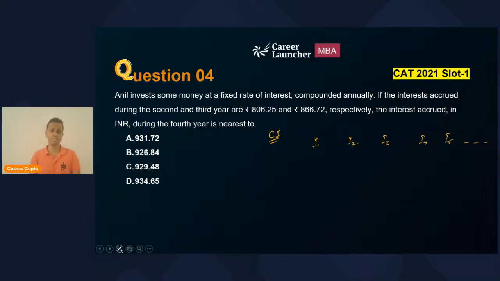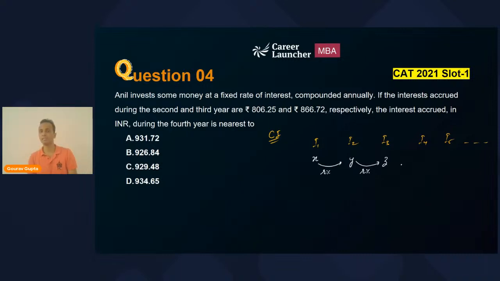Now, if you understand the concept, let's say the interest in first year is X, okay? So it will increase by R percentage to obtain the interest of second year. Let's say it came out to be Y. Again, to obtain the interest of third year, we will increase the interest of second year by the same rate of interest, the R percentage.